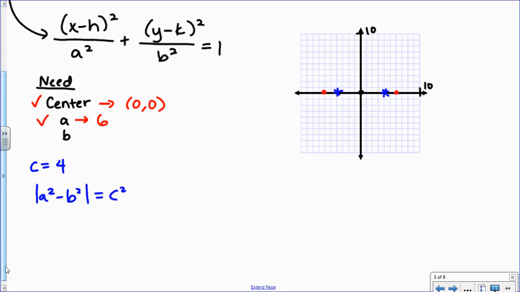You do minus 4 and negative 4 or positive 4? So yes. To get rid of your absolute value, you have to do plus or minus over here on the right side. So what it's going to look like is 36 minus b squared equals plus or minus 4 squared, which is 16.